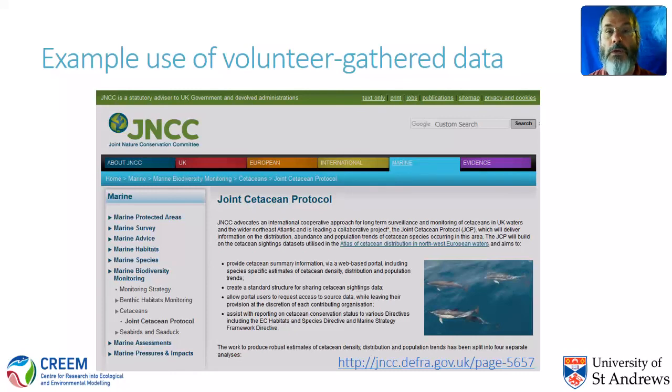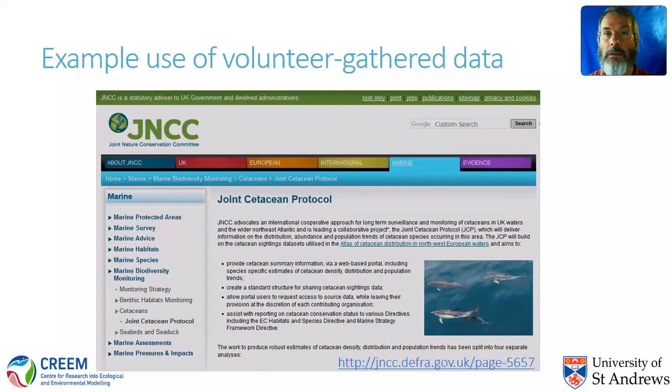One of the other uses of the distance data that you might be gathering is in broad scale research endeavors conducted by organizations such as the Joint Nature Conservation Committee.